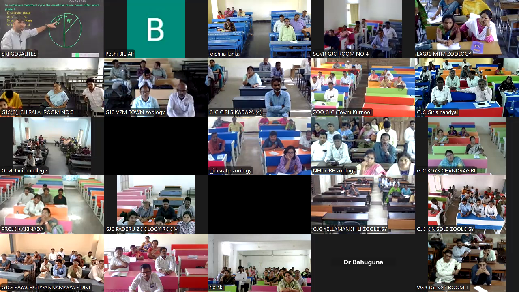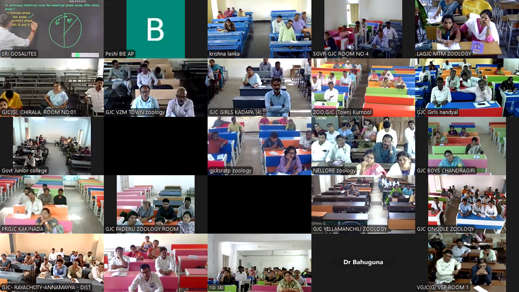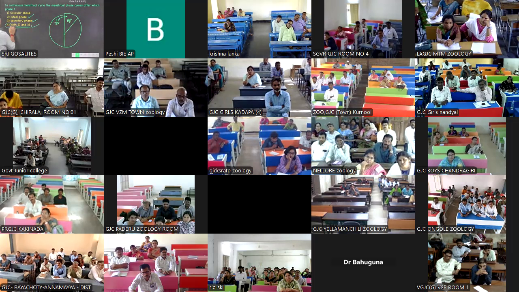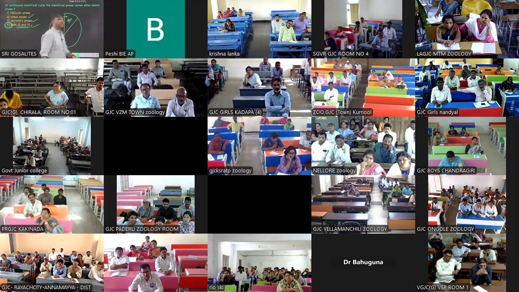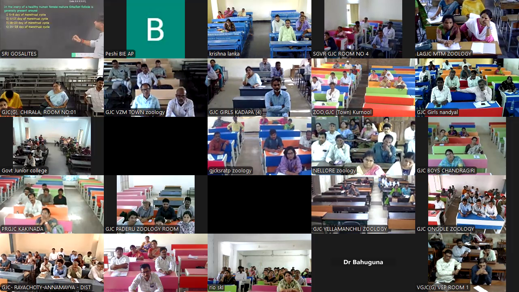Luteal phase with respect to the ovary, and secretory phase with respect to the uterus. So luteal phase and secretory phase, 2 and 3 both. Answer fourth. I think this approach is clear.